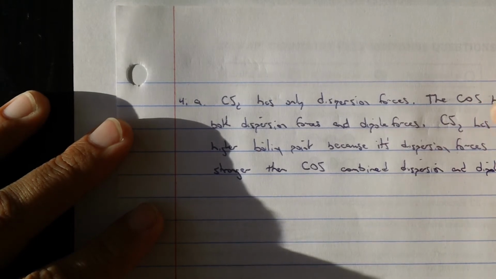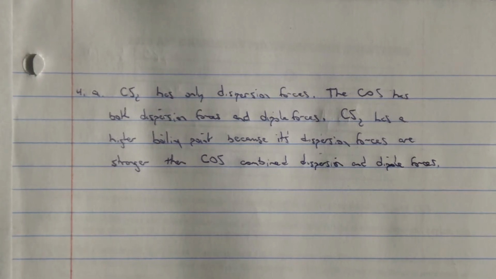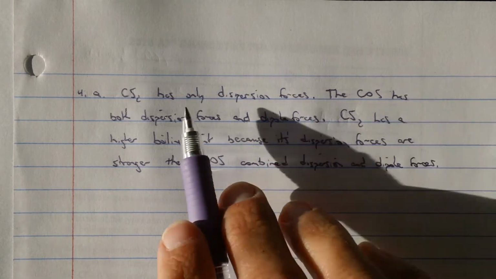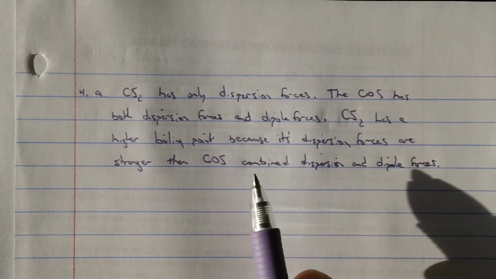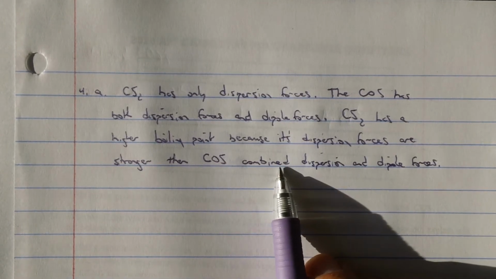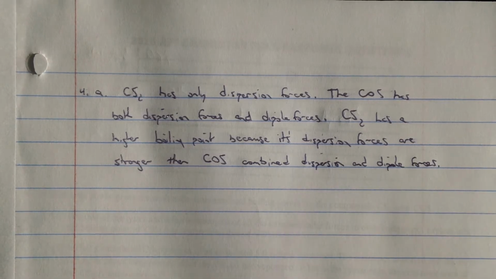That's it. I think you could probably figure out how to write that all in one sentence. College Board gives a point for identifying the types of intermolecular forces in both, and then the word-for-word answer for the second point is London dispersion forces in CS2 are stronger than the combination of London dispersion forces and dipole forces in COS. That's it.